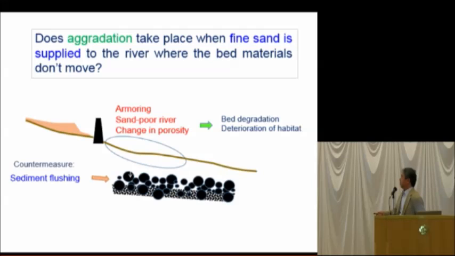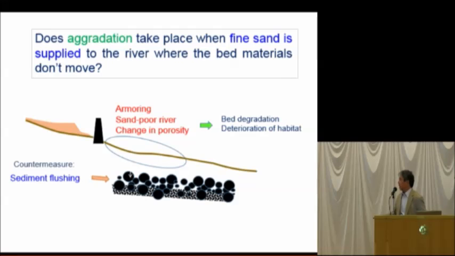So this situation is like this. No sediment transport, and the fine sediment is supplied to here. But if we can control the sediment flushing rate, we put only a little sediment to the downstream.